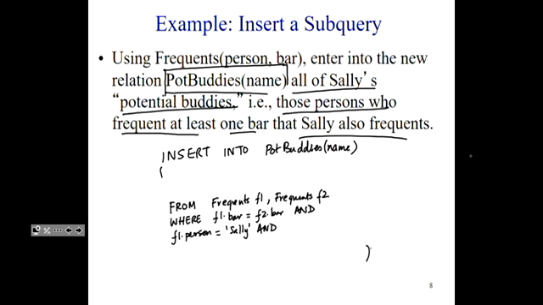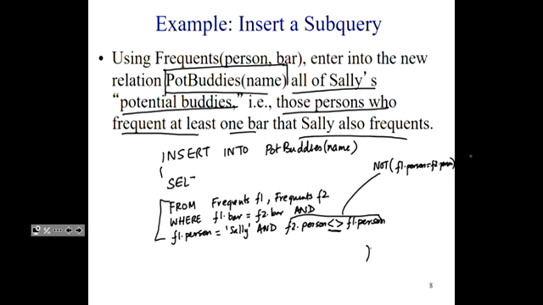So you might have f2.person not equal to f1.person, or another way to list this which doesn't require this greater than, less than, you can equivalently say not of f1.person is equal to f2.person. Okay, so that's your from and where. What might you want for your select? Select f1.person.